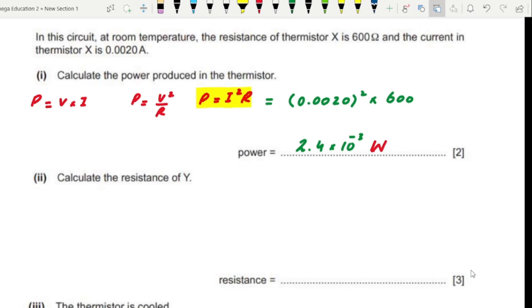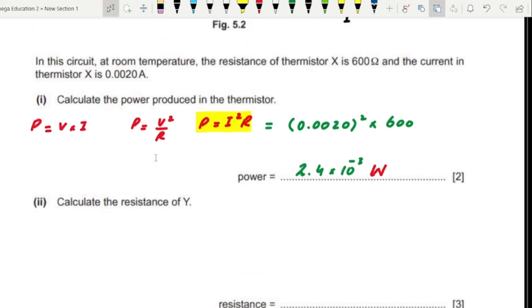There won't be a single equation that gives you the resistance of Y. You'll be required to use a couple of equations to reach the value of resistance.